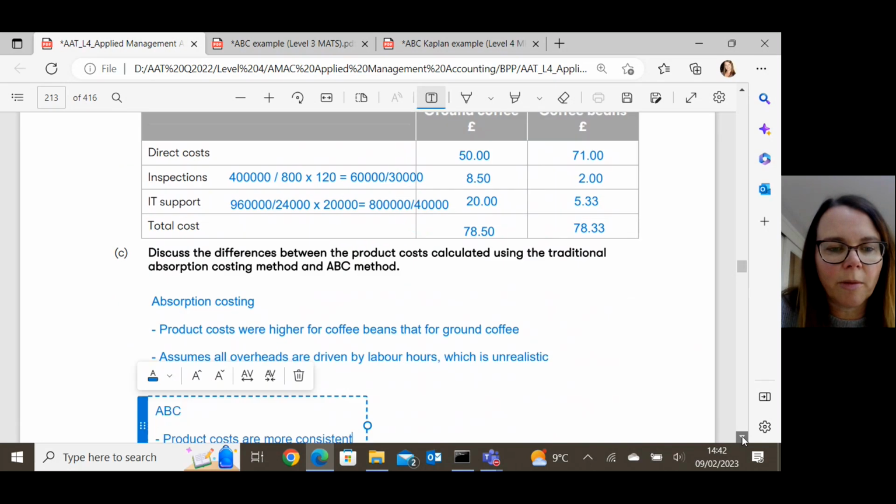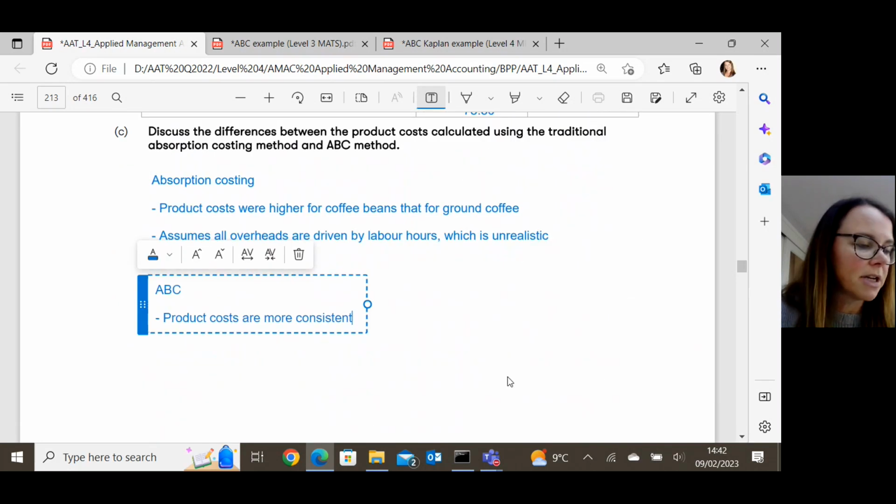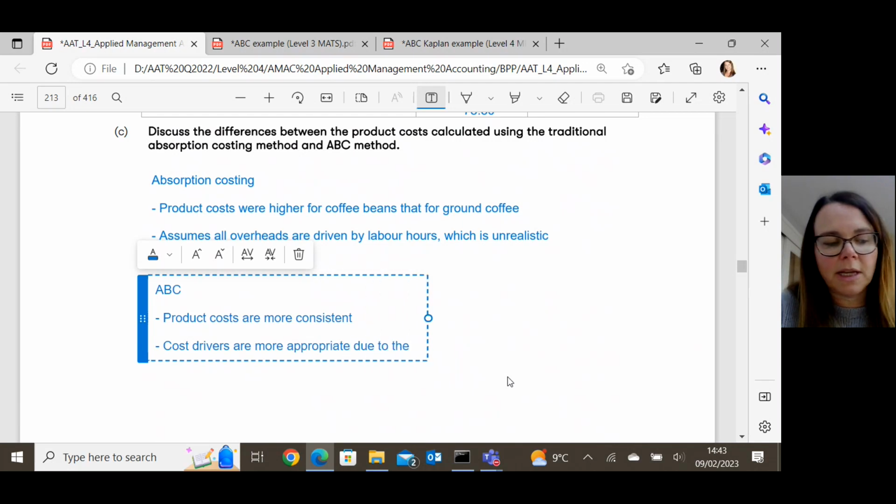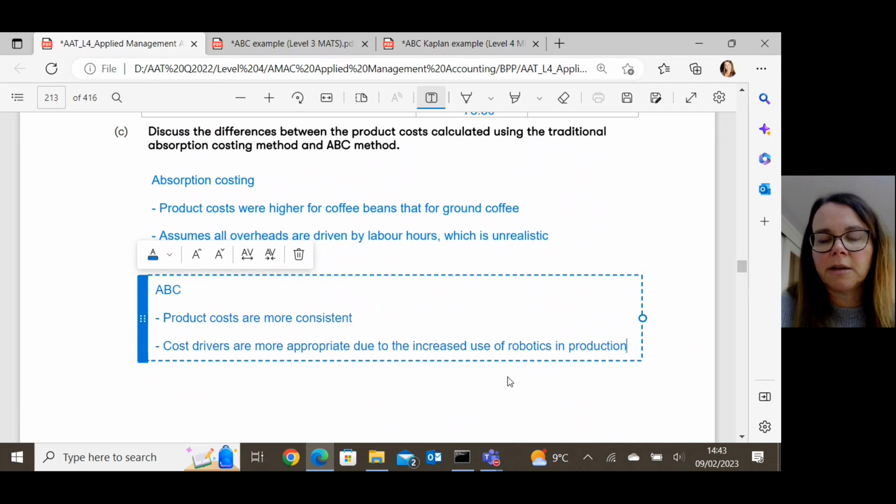You could make that comment as well, that's fine. So product costs are more consistent. Cost drivers are more appropriate due to the increased use of robotics in production.